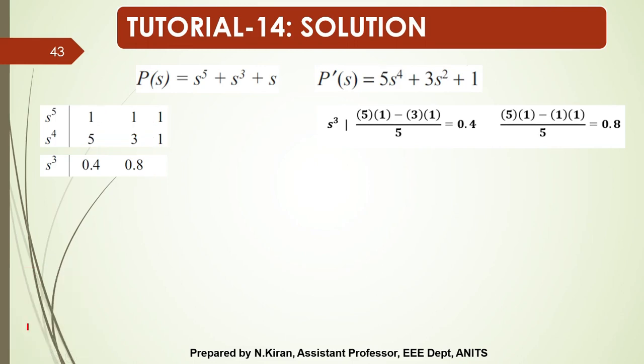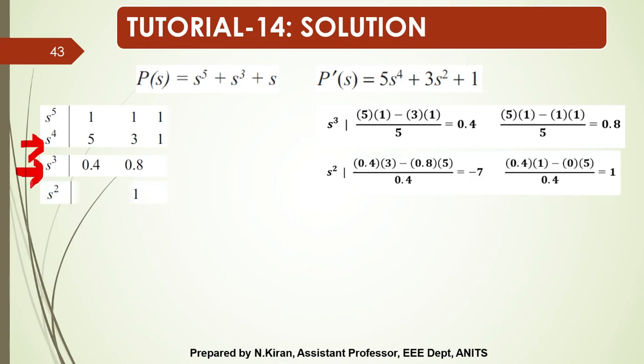Next, in order to find the elements of S square, I will consider these two rows S cube and S power 4 using the formula minus 4 into 3 minus 0.8 into 5 divided by 0.4, which will give me minus 7, the first element in the corresponding row S square.